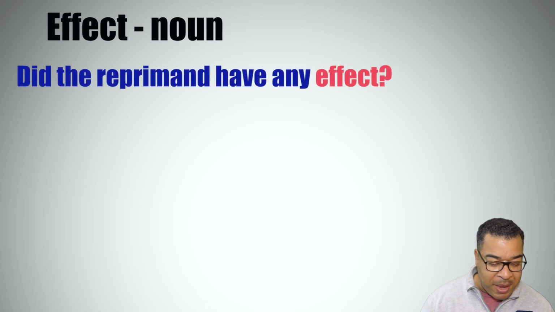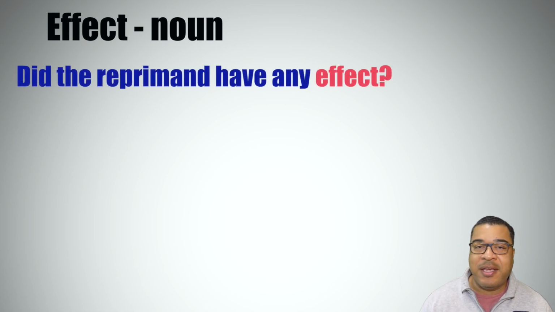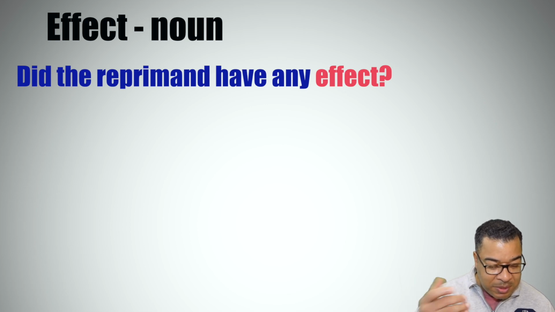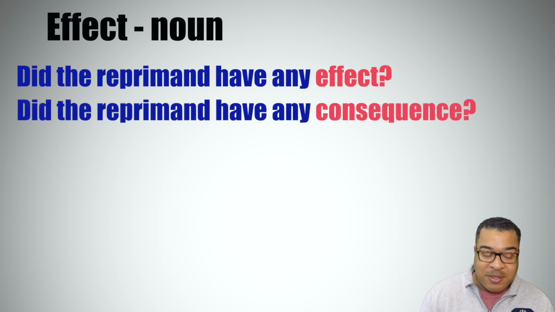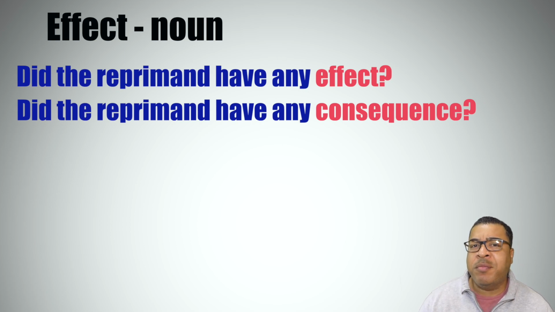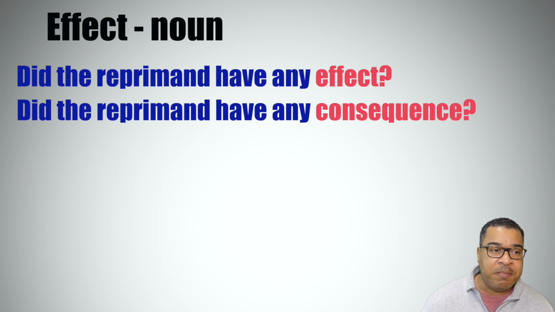Did the reprimand have any effect? Again, effect is a noun, and you can switch effect for consequence. Did the reprimand have any consequence? If you're not familiar with reprimand, this is maybe someone gives you a warning. Maybe your teacher might reprimand you for doing something bad.